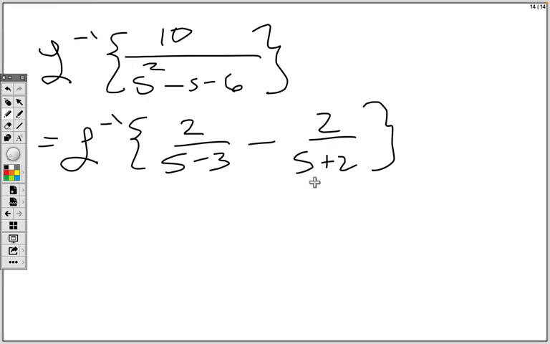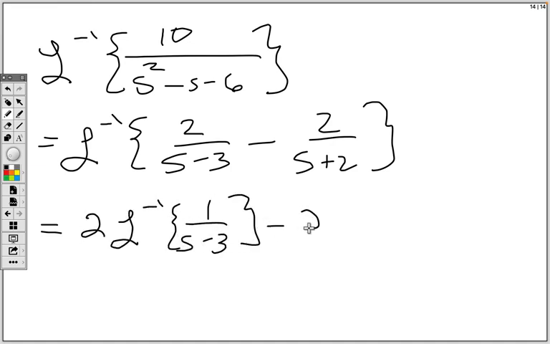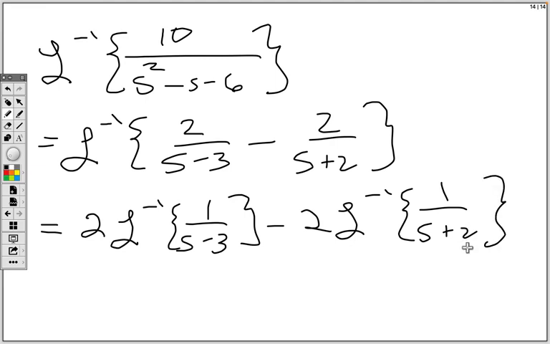And now I've got a difference of 2 linear factors in the denominator. And so I can, once again, apply linearity. So 2 times inverse Laplace of 1 over s minus 3, minus 2 times inverse Laplace of 1 over s plus 2. And now I can use the formula here.